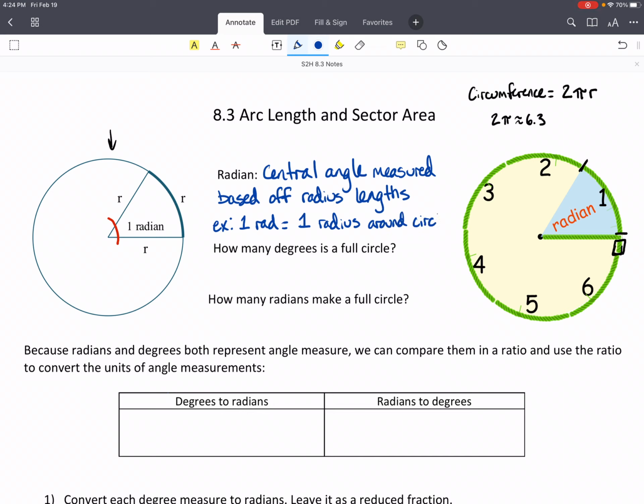For example, 1 radian, we can shorten it to rad, because it's a pretty rad concept. 1 radian is the same as 1 radius around the circle, as we can see in that picture.